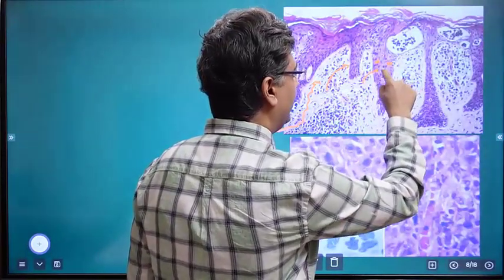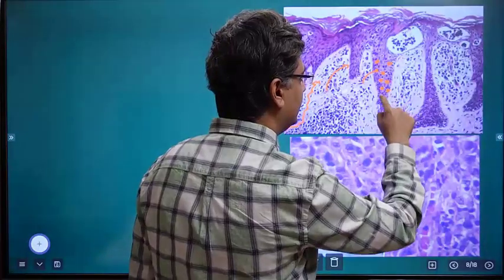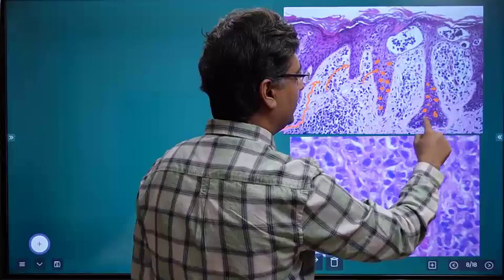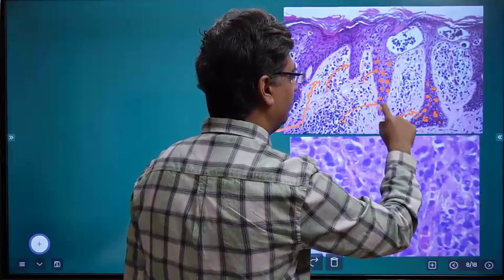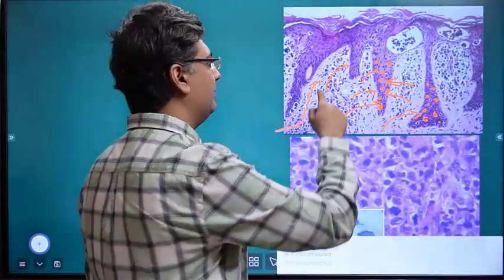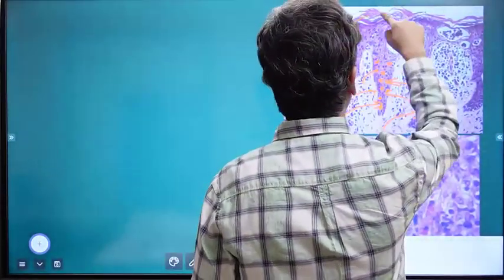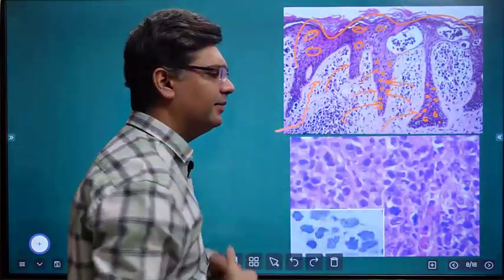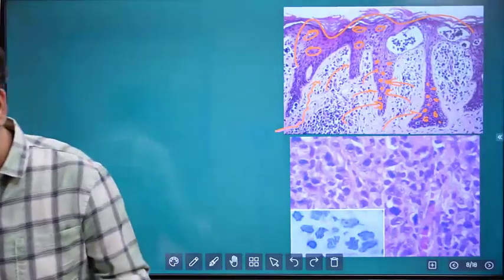In fact, you will find these multiple cells in the epithelium as well, because these cells have now invaded the epithelium, and they have started to live here, and this is how the tumor is proliferating.